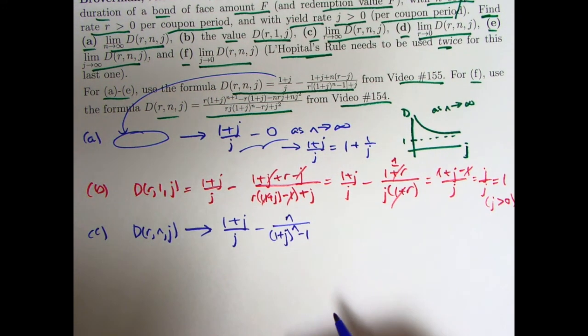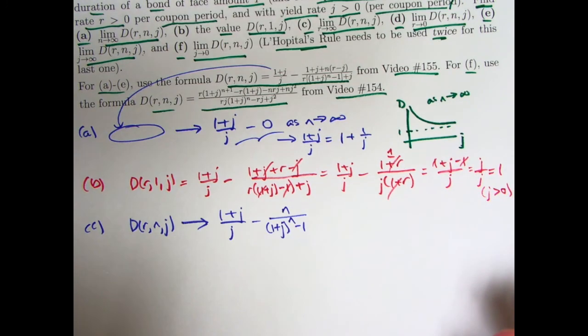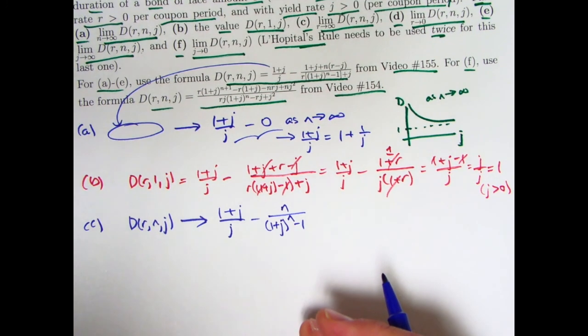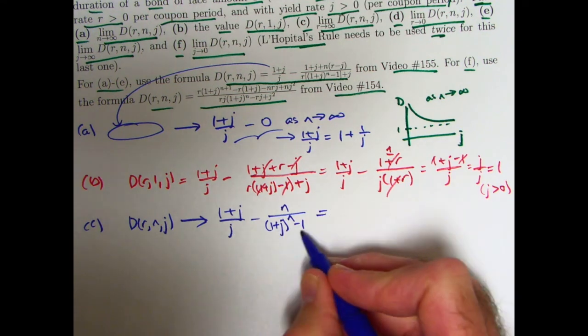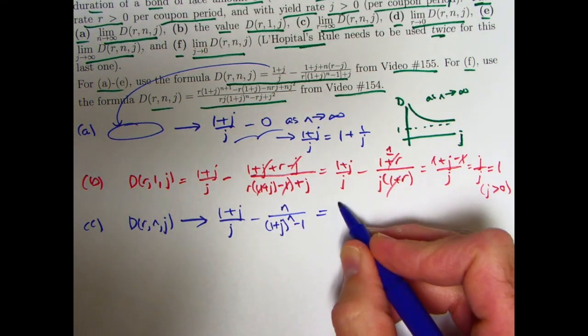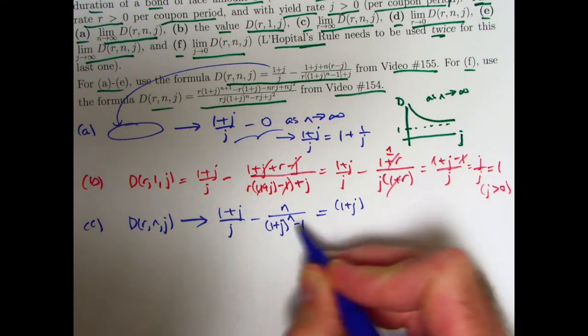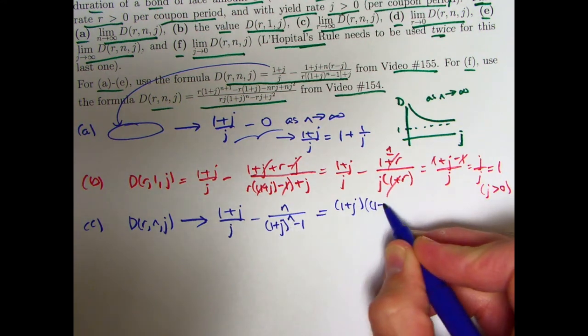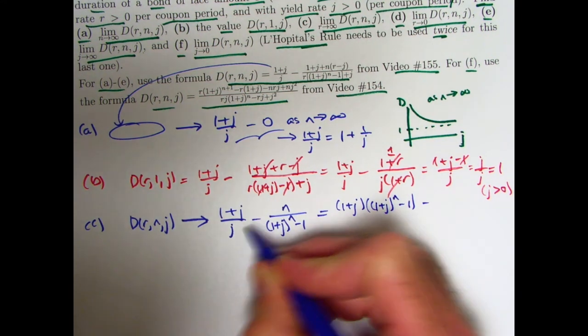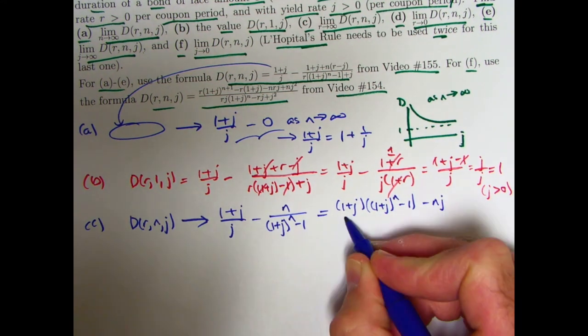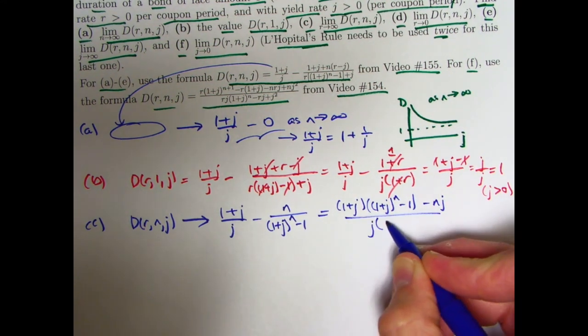And this, what you see here, is one form of the answer. Another form you could obtain by subtracting these fractions, by getting your common denominator of j times this thing. I'd have to multiply the top, 1 plus j, times this thing, and then subtract n times j, and then write that common denominator like this.